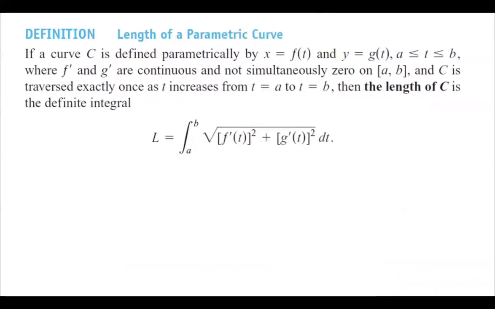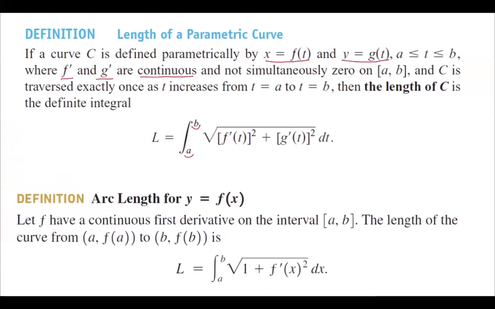If a curve C is defined parametrically as x equals f of t and y equals g of t, as t is bounded between a and b, where f prime and g prime are both continuous and not zero at the same time on the closed interval a to b, and C is traversed exactly once as t increases from a to b, then the length of this curve is the definite integral from a to b of the square root of f prime of t to the second plus g prime of t to the second dt.